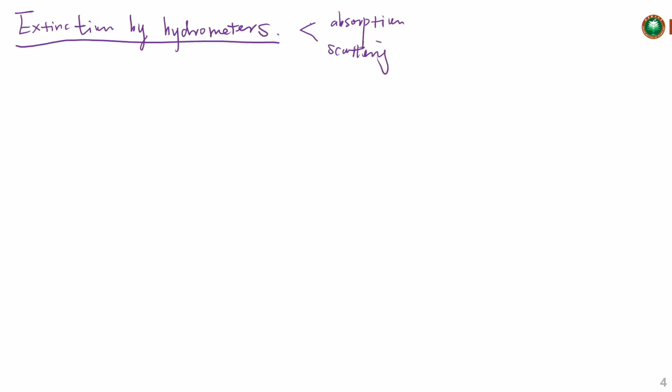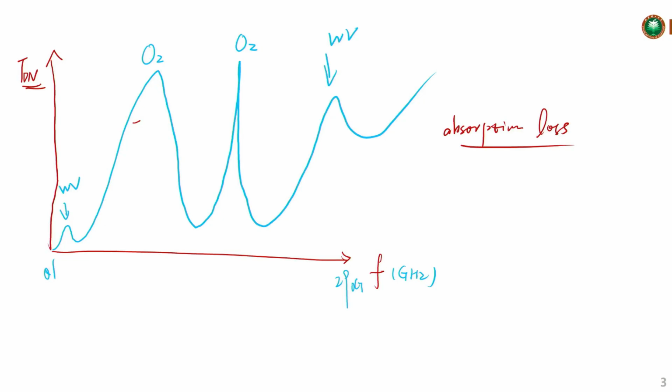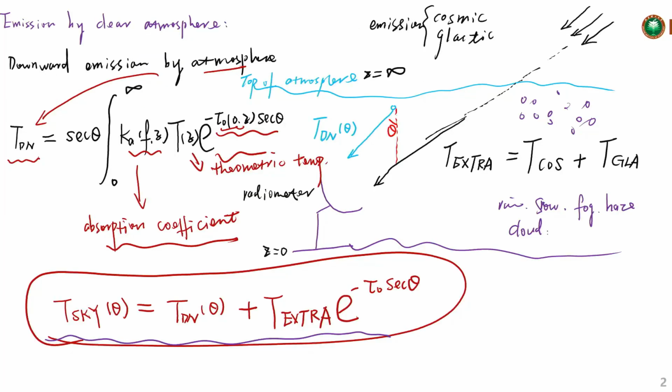Because they are distributed inside of the atmosphere, we need to include several parameters. I'm not sure whether you remember that when we introduced the atmospheric constituents and the absorption coefficient, we said they have a ratio for the oxygen and water vapor inside the atmosphere.